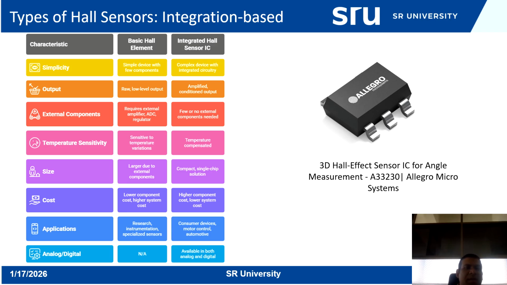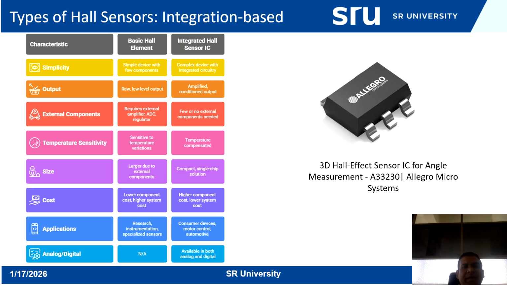Whereas integrated Hall sensor ICs include the Hall element, then amplifier, then voltage regulator, then temperature compensation, then a comparator for digital type, and output driver. So the integrated Hall sensor includes these elements.